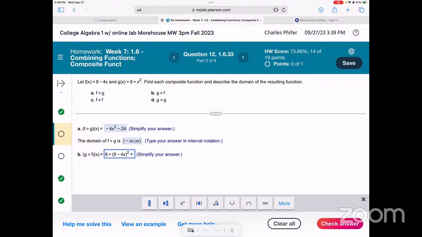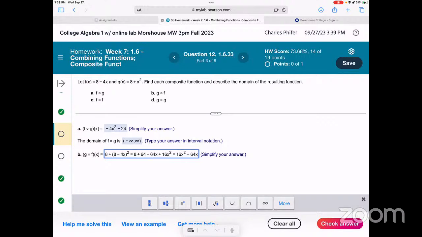That's going to be what? 8 times 8 is 64, so minus 64x. And then plus 16x squared. Okay. Then if we combine like terms, I've got my 16x squared, my minus 64x, and 72.